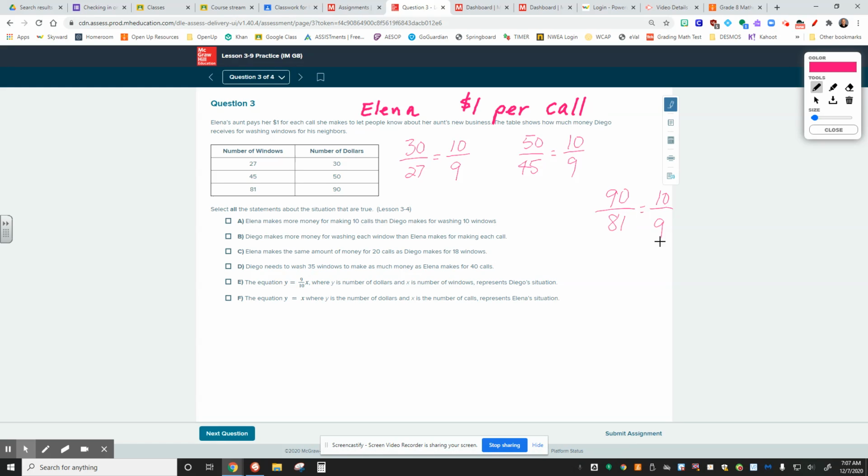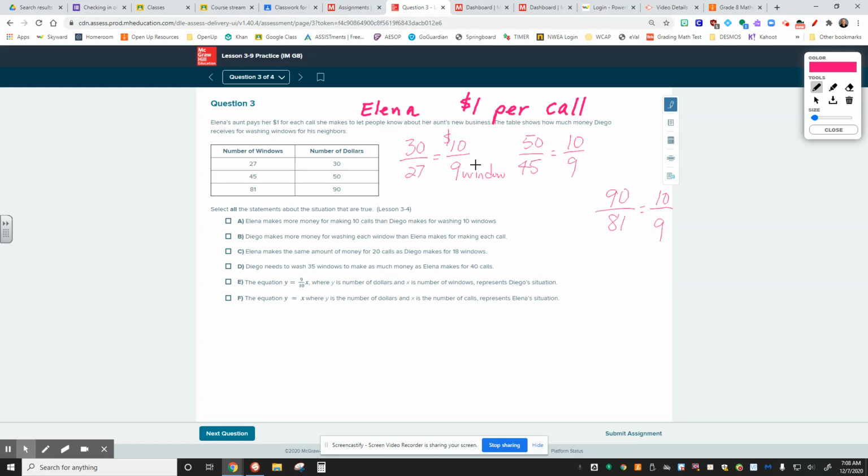What is that constant rate? Well, if the top number is the number of dollars and the bottom number is the number of windows, we know that Diego is earning $10 for every 9 windows that he's washing. So we need to take a look at these values and see how they compare to each other. Is $1 equal to 10/9? Or what is it?